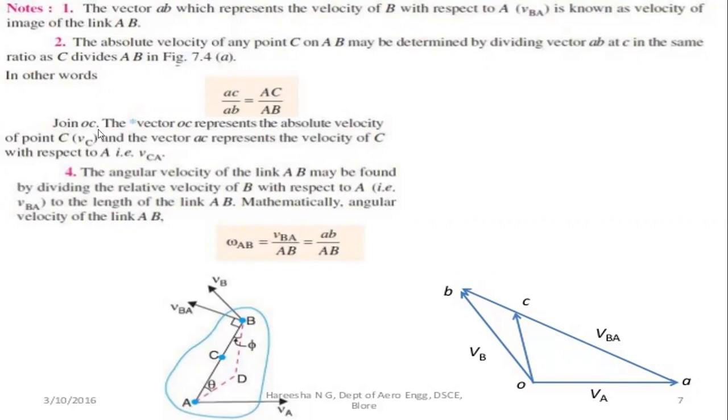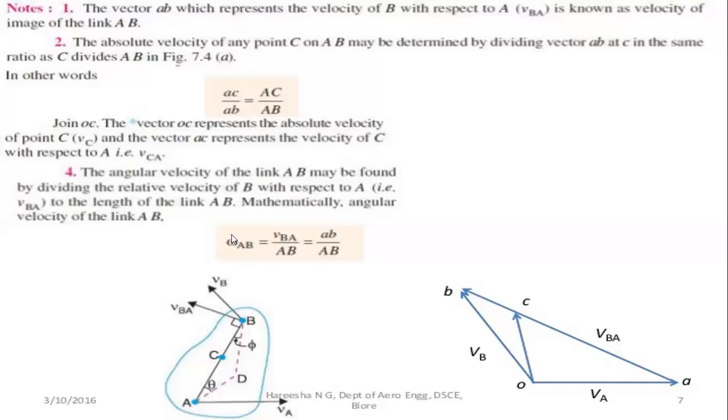So join OC, and the vector OC also represents the absolute velocity of point C, and the vector AC represents the velocity of C with respect to A, that is the VCA position.